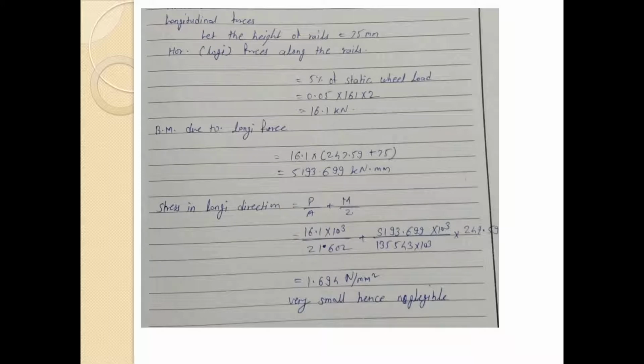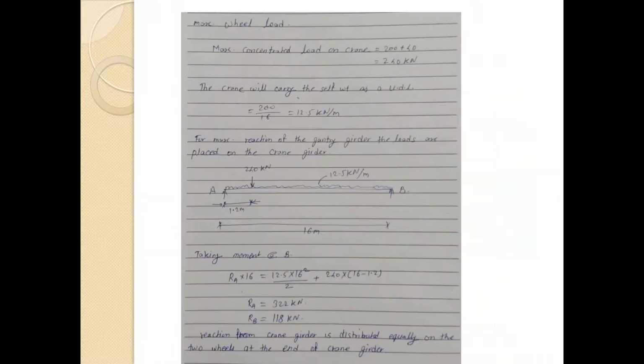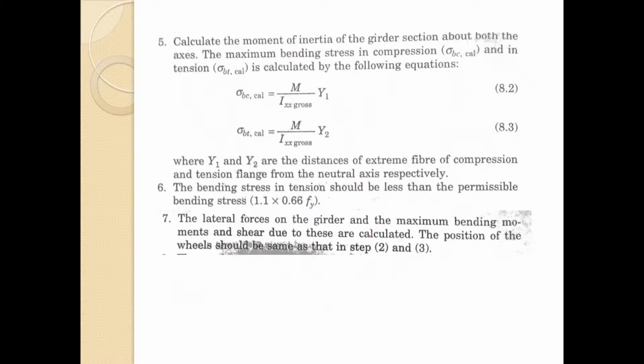Now the longitudinal forces. Let the height of rail be 75 mm and horizontal forces along the rails, that is 5% of the static wheel load. So here you can see this horizontal forces, that is 5% of static wheel load.